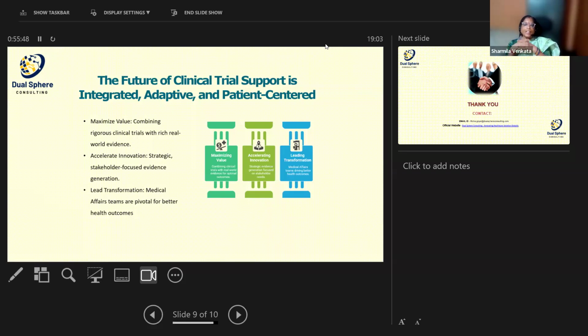For example, AI-driven adaptive trials can adjust recruitment mid-study to focus on patient subgroups showing the most benefit, making studies faster, cheaper, and more reliable. This directly serves both clinical and payer decision making needs.